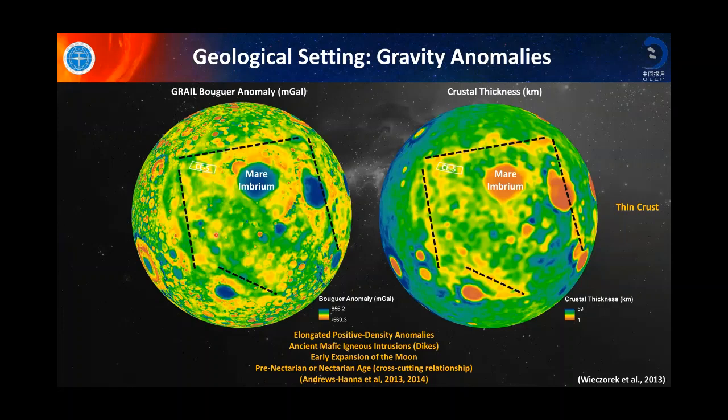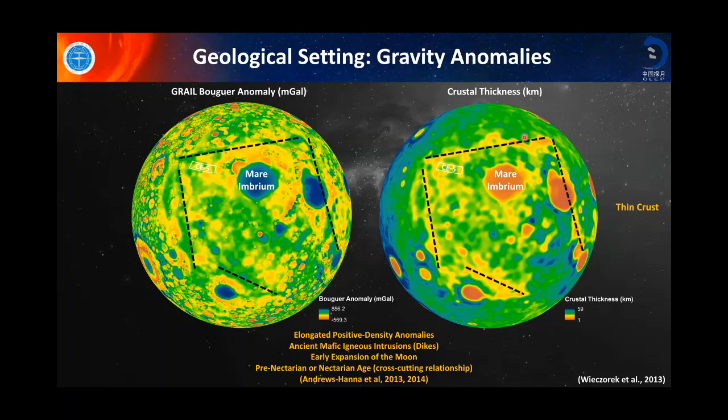And they think that these dikes may serve as magma plumbing systems, and ancient volcanism came from these linear dikes. And you can see from the left image, the crustal thickness map, that the PKT terrain also has very thin crust, most likely smaller than 30 kilometers.